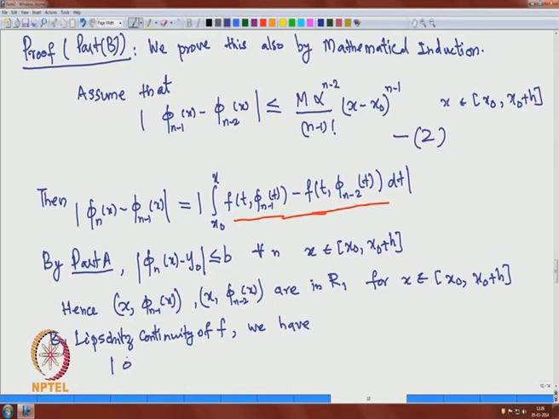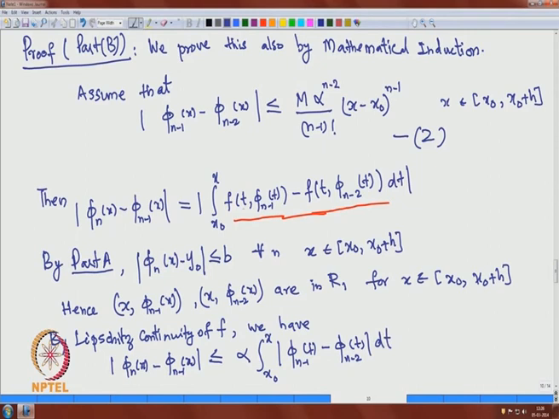the absolute value of phi n x minus phi n minus 1 x is less than or equal to alpha times, where alpha is the Lipschitz constant, the integral from x0 to x of phi n minus 1 t minus phi n minus 2 t dt.